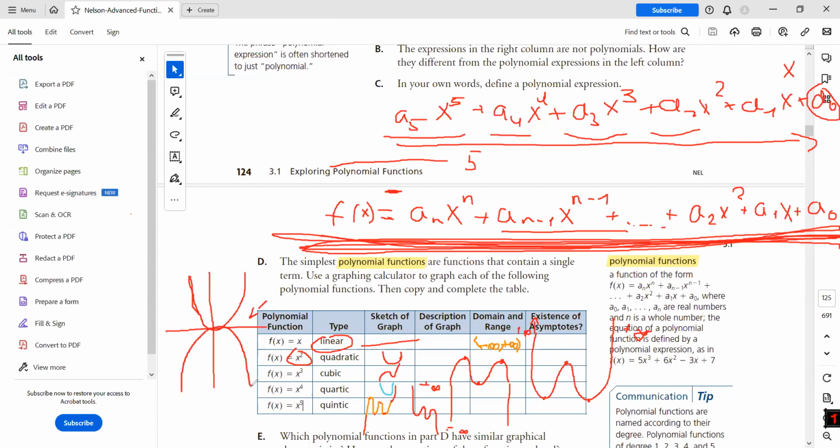So it's going to be facing downwards in case of a parabola. So basically we're mirroring our function over the x-axis. That's what a negative leading coefficient gives us.